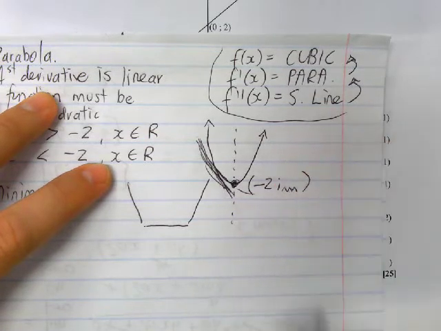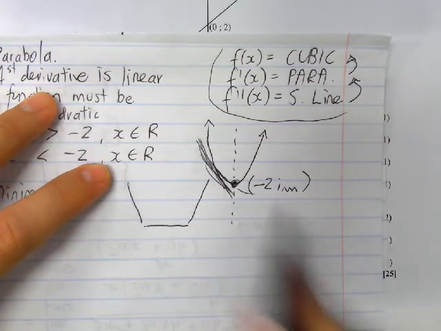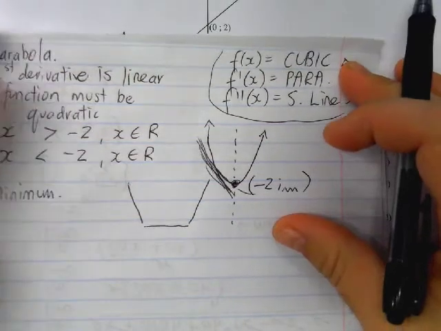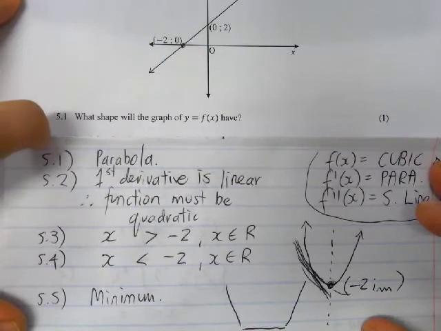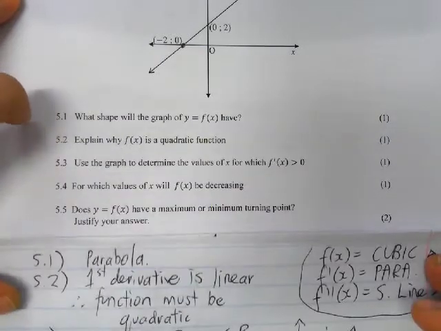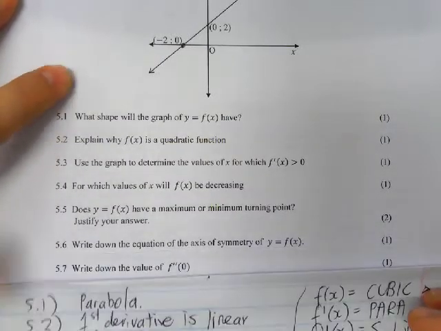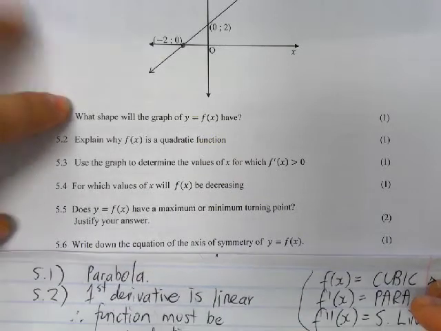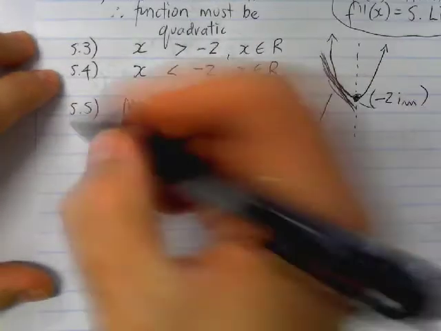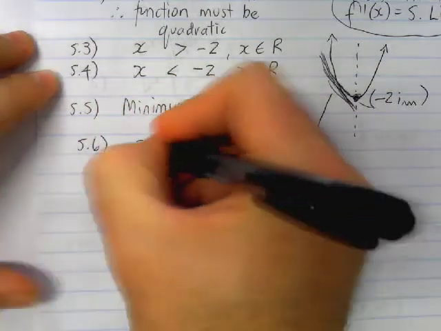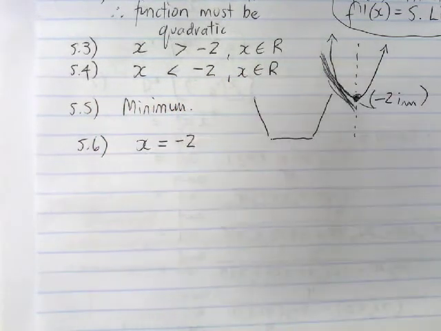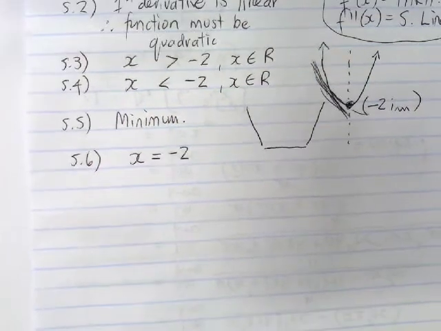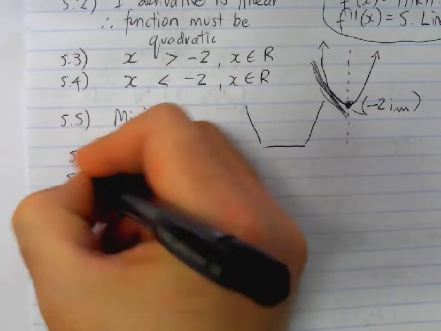Don't worry about the y value. We wanted the x value where it would have folded over nicely. So the equation of that axis of symmetry is therefore, let's just check the question, 5.6, write down the equation, there we go. So 5.6's answer would have been x is equal to negative 2. Okay, that is the equation of the line that it would have folded over.